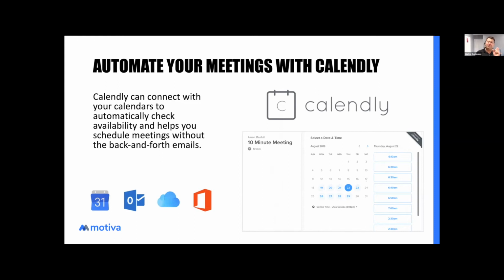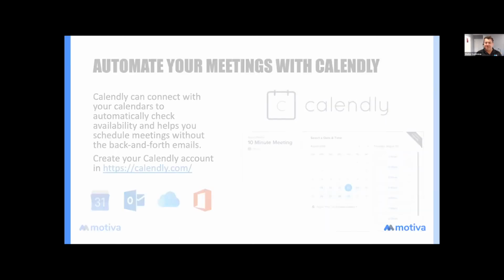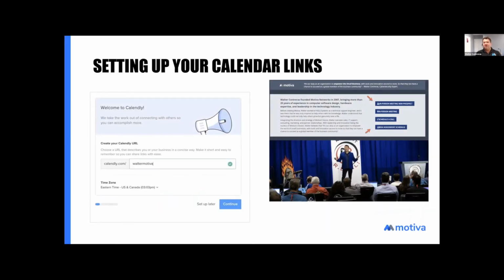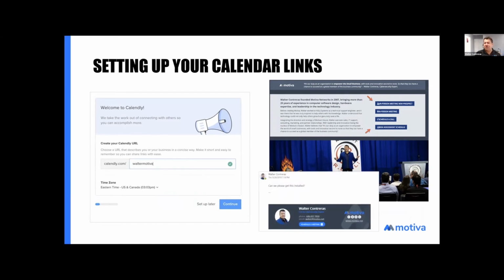So you don't have to match your calendar with them. They will see your calendar right away, and they can click on your available times. And we can talk about Calendly all day long, but we're going to just keep moving on. And by the way, those links could be put onto your website. And we talked about this during our webinar, so I do encourage you again to look at that. We'll send you the links as well once this is done.